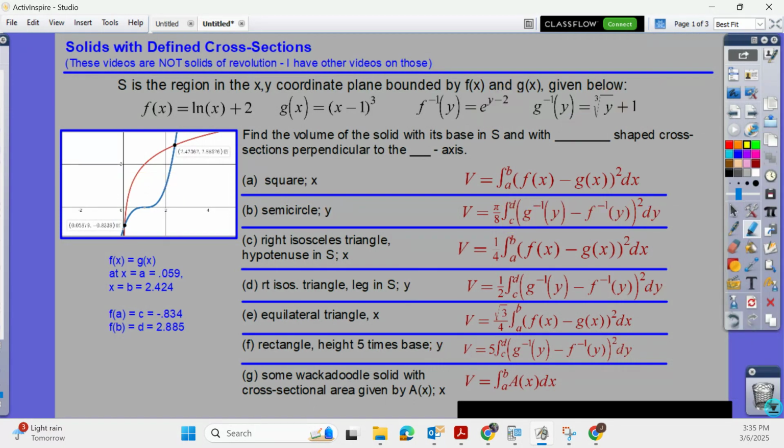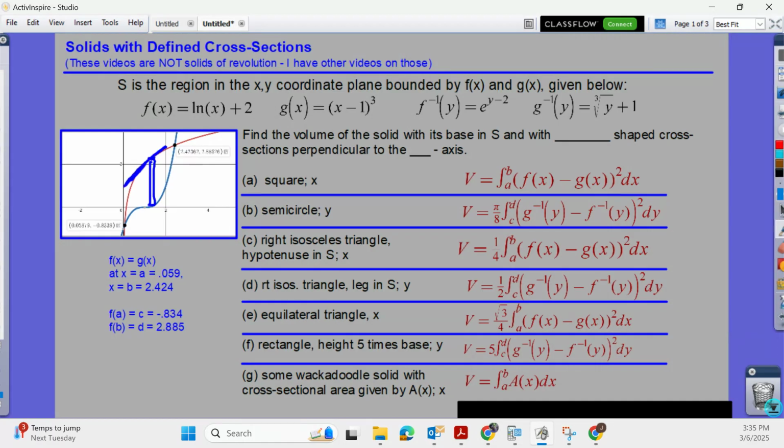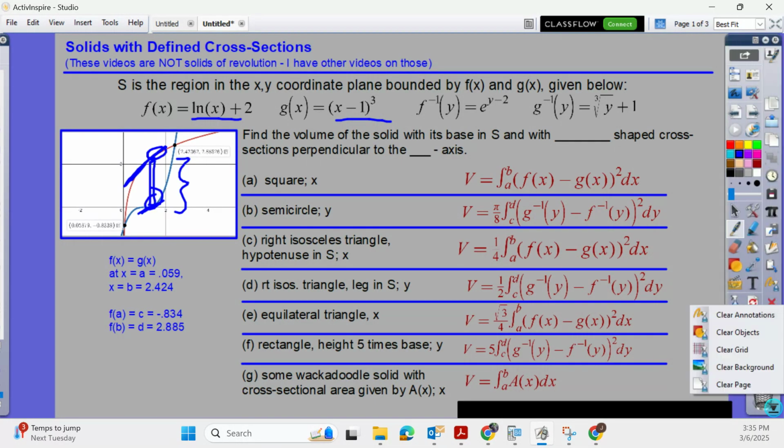And another thing to watch too, we had to be careful with this. When we were going vertically, f was on top. It had the bigger y value going vertically. So when I want the length of that rectangle, that height of it, right, then I want f minus g, because f is bigger than g, so I want to subtract and get a positive answer.